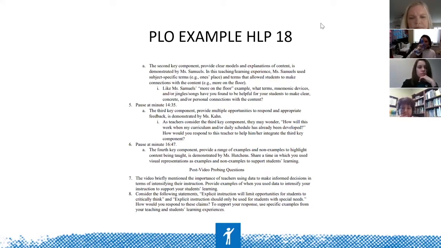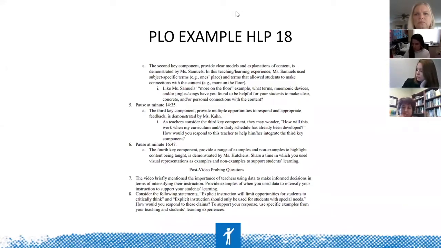So from start to finish, this protocol really requires creating an opportunity for students to consider ways that they've seen this modeled, to reflect on the components of explicit instruction in practice, and then to think about what next steps would be if they were going to use data to inform an instructional decision, and then to also reflect on the utility of the practice in a variety of settings.